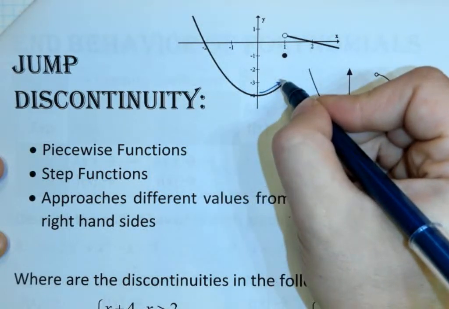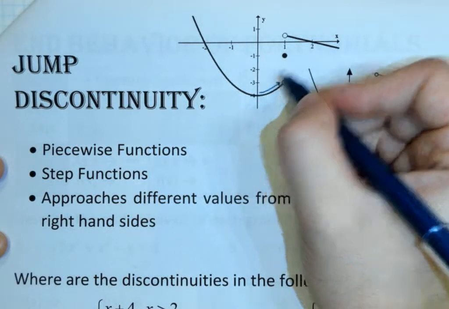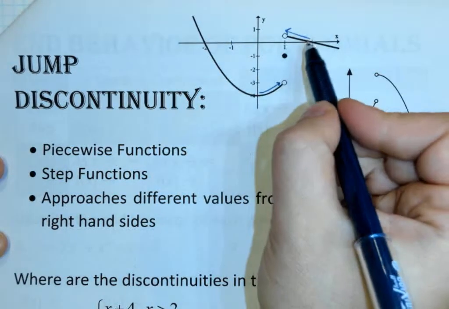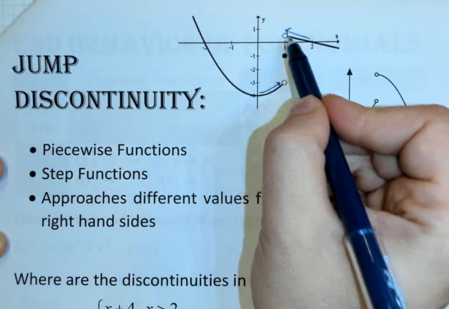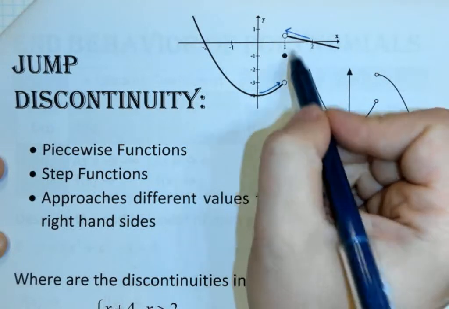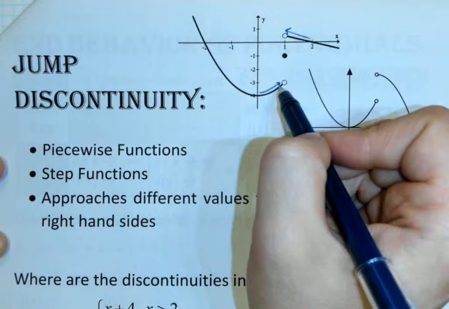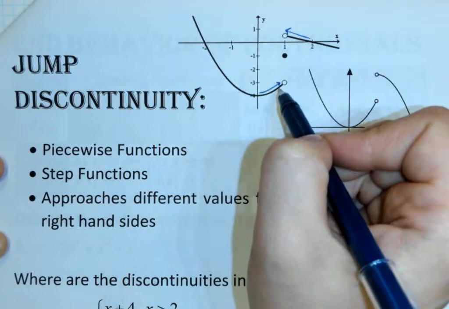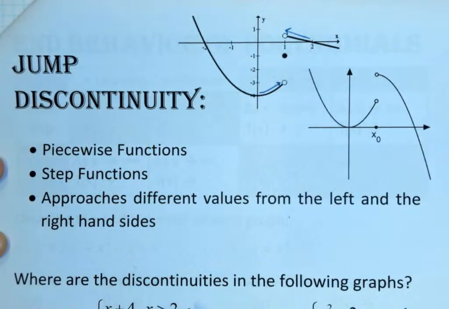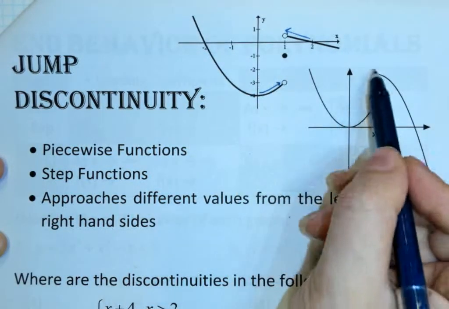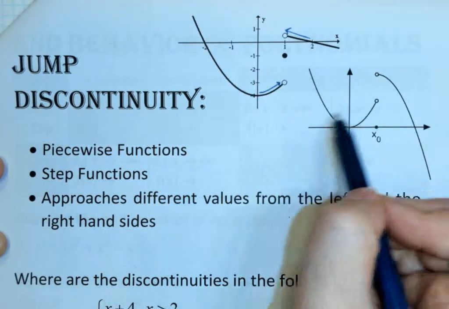What am I going to for my y? -3. From my right, what number am I approaching? 1. Do they hit the same point? No. Coming from the left and coming from the right, they go towards different values. That's a jump discontinuity. You could be defined anywhere in between them, or it could be open like it is here. It doesn't matter.